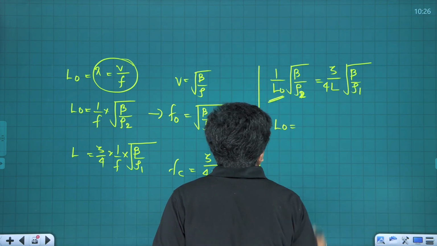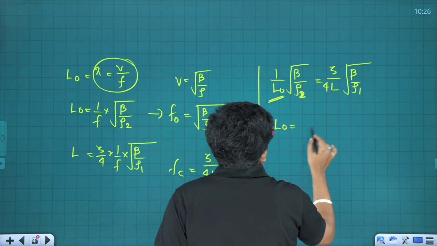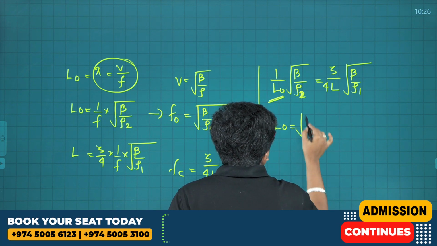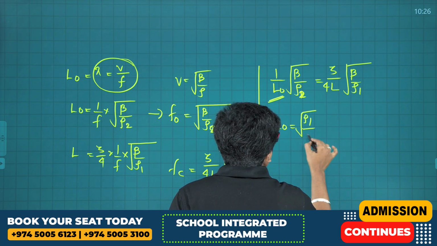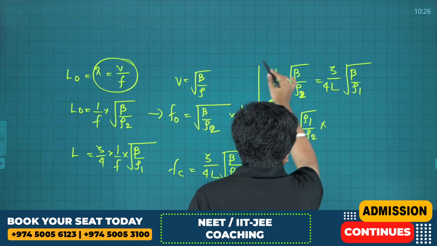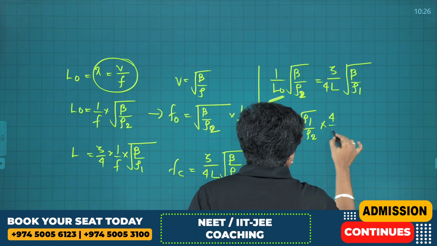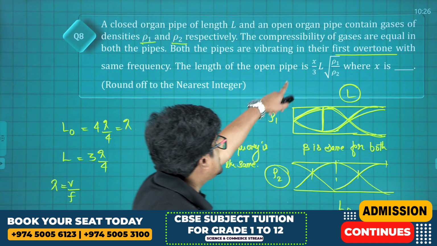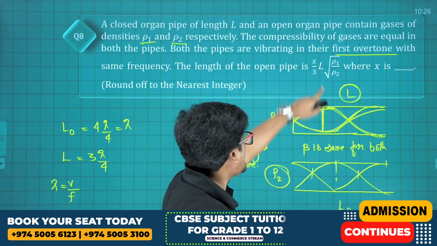So LO is now going to be, rearranging this, root of rho 1 divided by rho 2 into this. If this is coming to the left, it's supposed to be 4 by 3. And here the answer is x by 3 times L, isn't it?